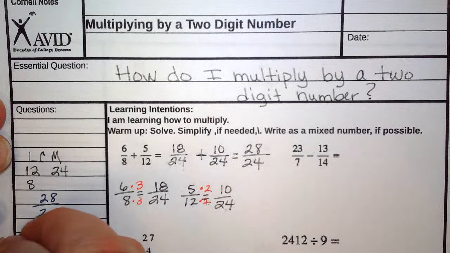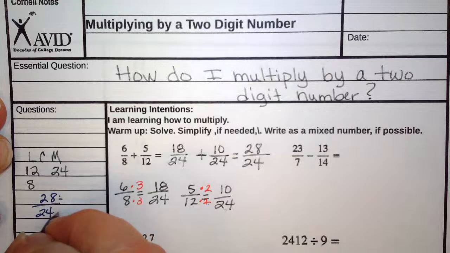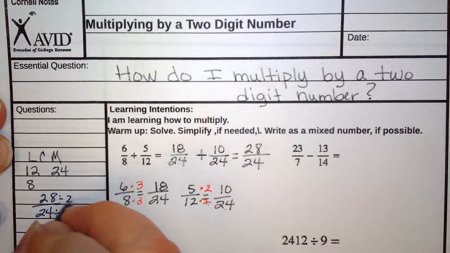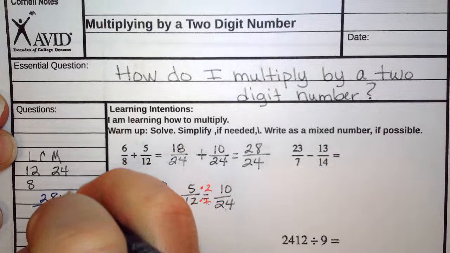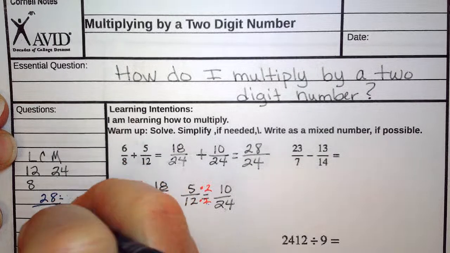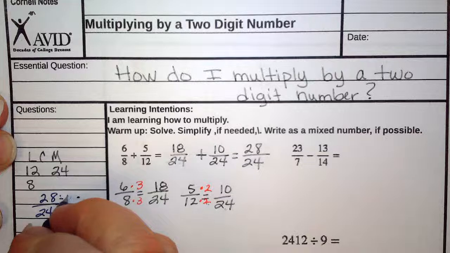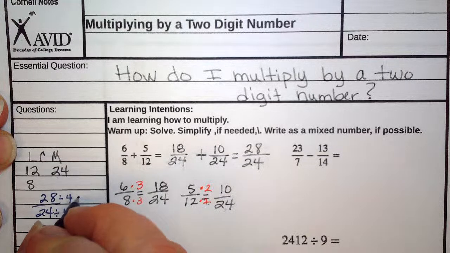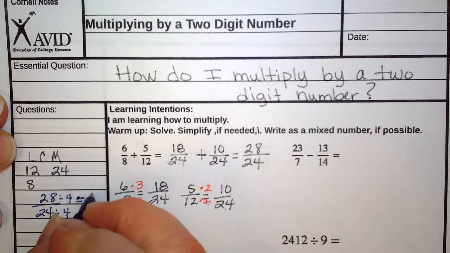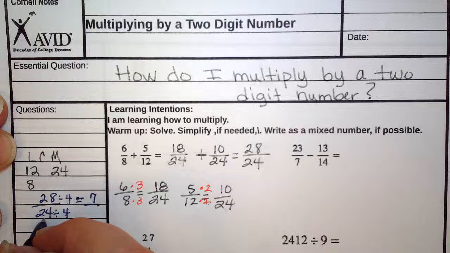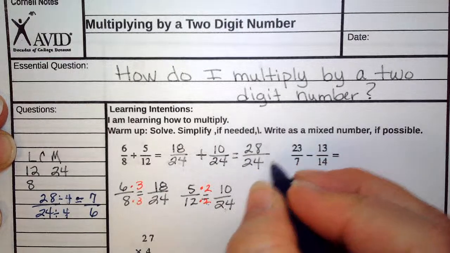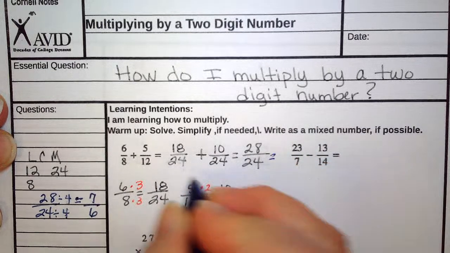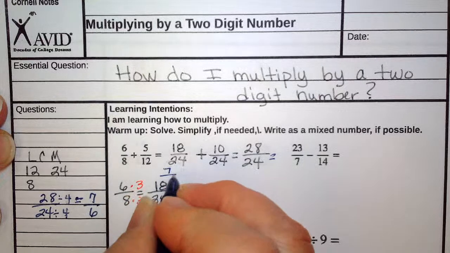Actually, I can divide by 4. 4 goes into 28 and 4 goes into 24. So I'm going to divide by 4 on top and bottom. 28 divided by 4 is 7. 24 divided by 4 is 6. So this is equal to 7 over 6.